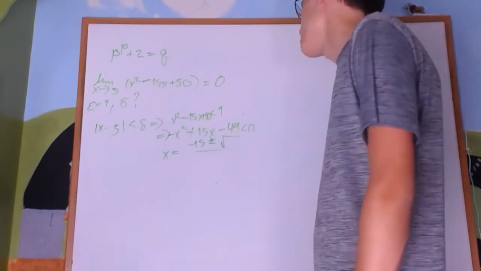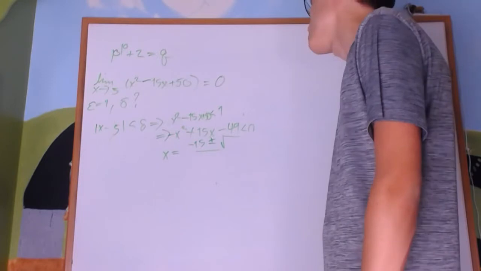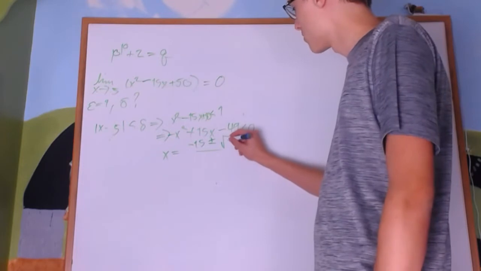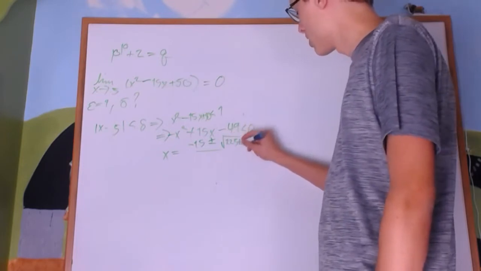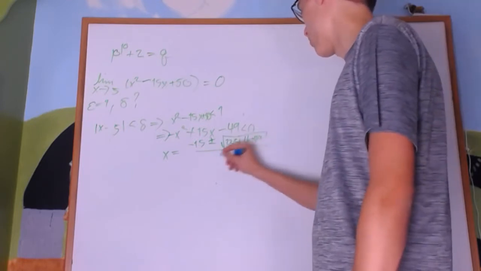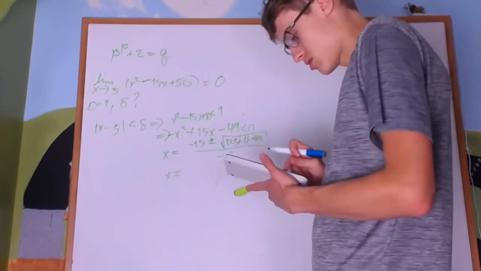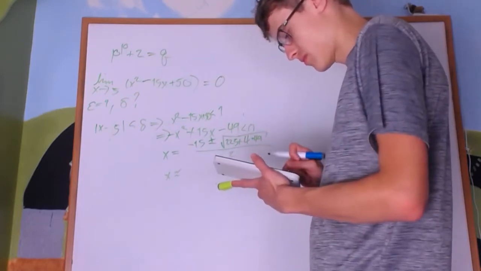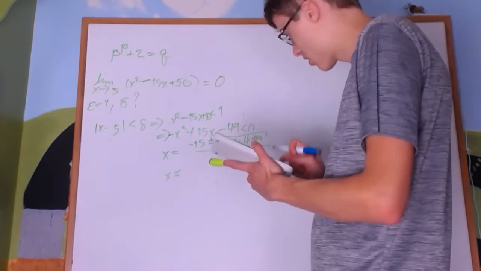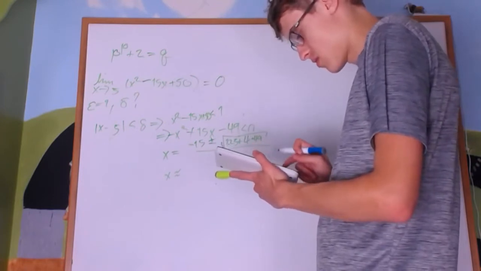Square root of b squared, 225 plus 4 times 49, over negative 2. X is approximately equal to 15 over 2 plus the square root of 225 plus 4 times 49, over 2.